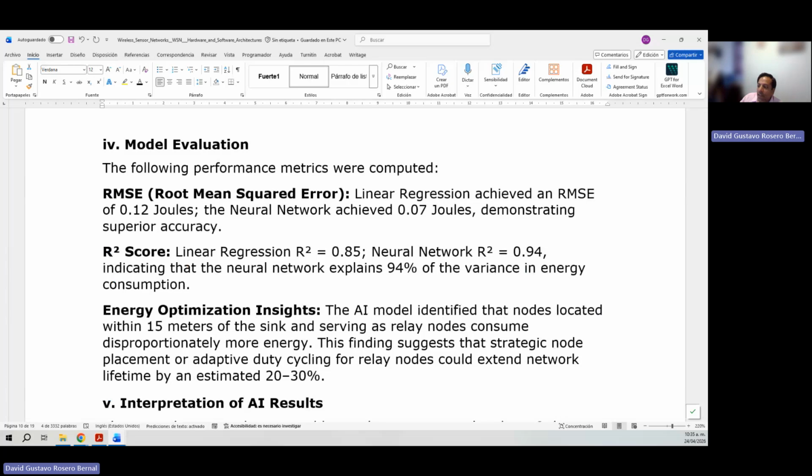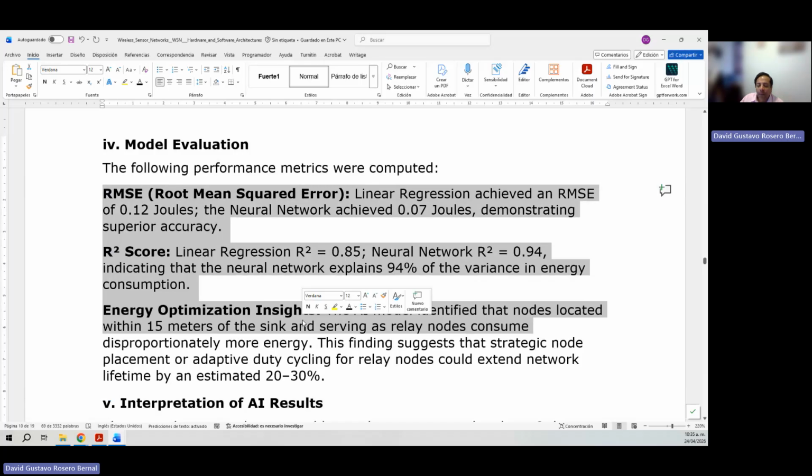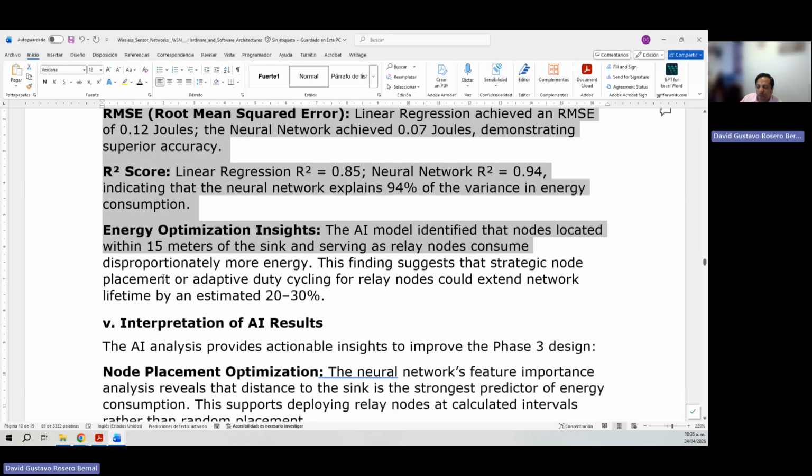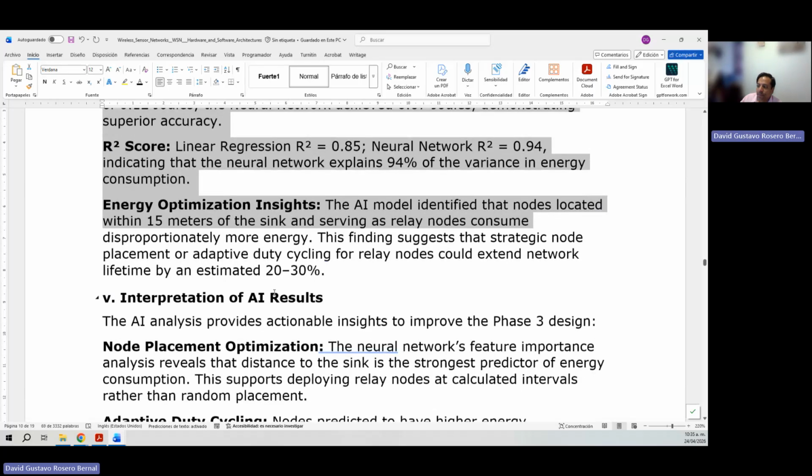We have some model evaluations according to these parameters: the root mean square error, the R2 score, and the energy optimization insights. So we have these results.